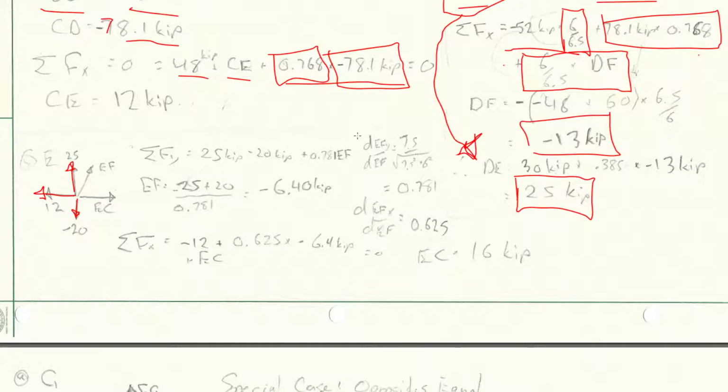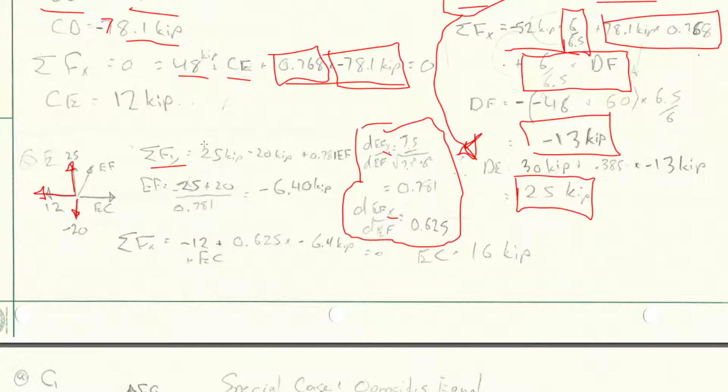So for EF, I just figured out what the Y and the X components of their unit vectors are. And we can plug in the forces in the Y. The sum of the forces in the Y direction is going to be 0.